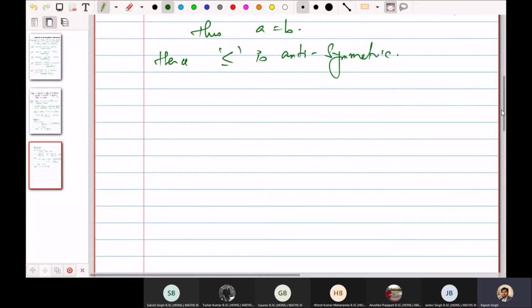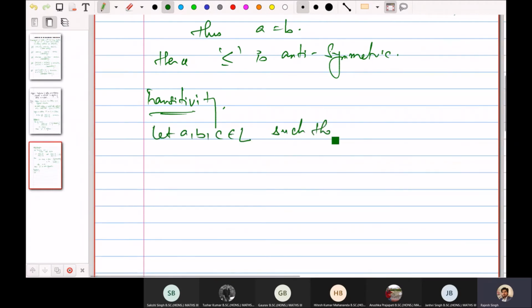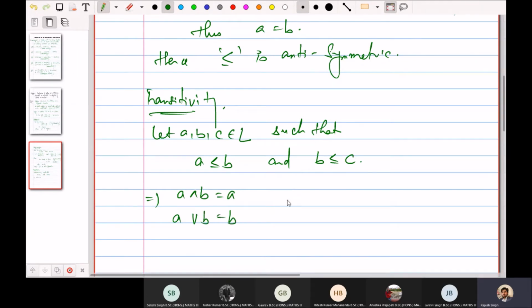this is anti-symmetric. A third property, we have to talk about transitivity. So let A, B, C belong to L such that A is related to B and B is related to C. So what does this imply? A related to B का मतलब क्या है कि A cap B is equal to A and A cap B is equal to B, and B cap C is equal to B and B cap C is equal to C. अब हमें क्या शो करना है?